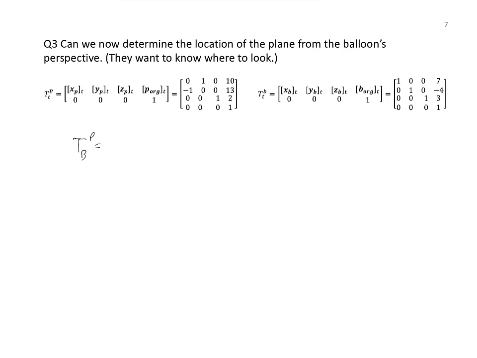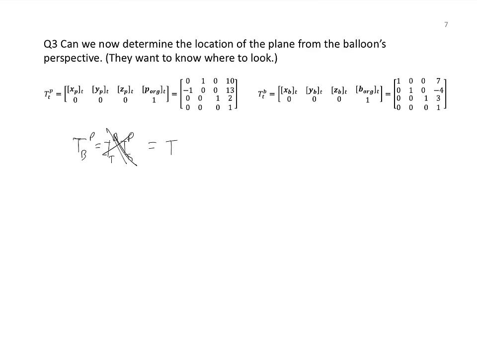Okay, but what I have is plane to tower, and I have balloon to tower. Okay, but those two things don't cancel out. This doesn't work. So what do I really need?